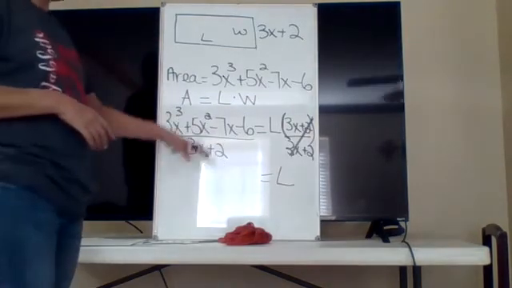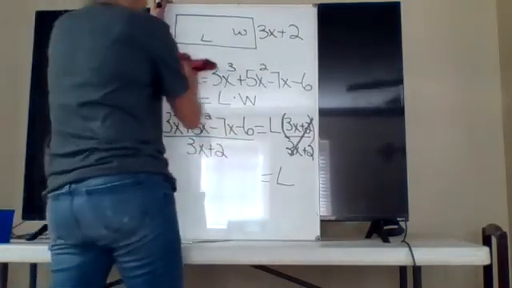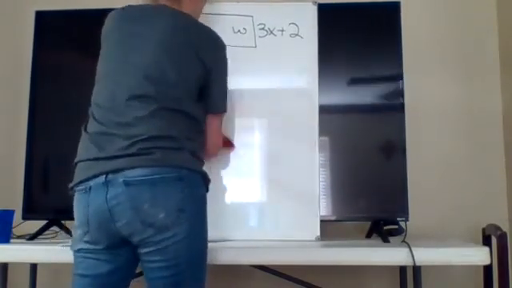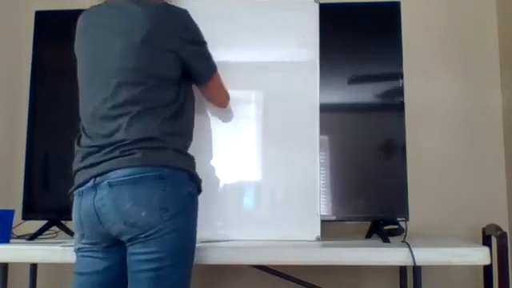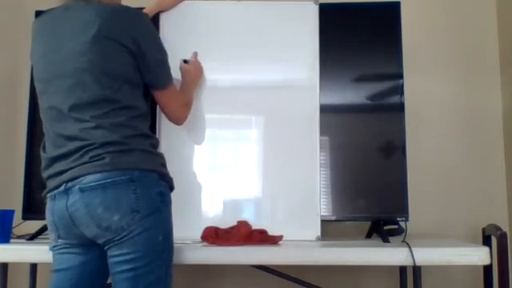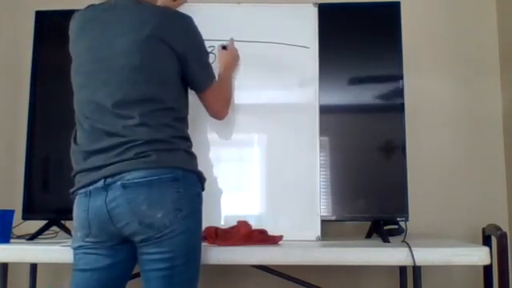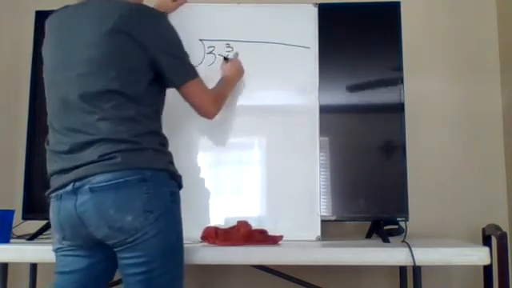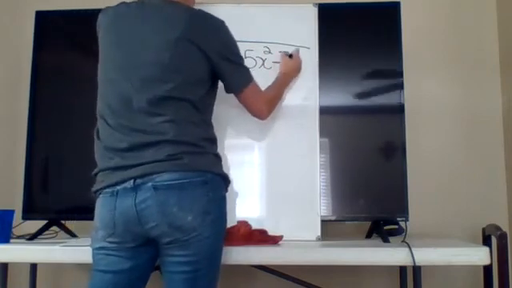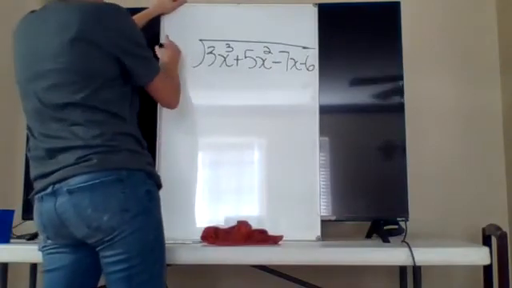So I'm going to erase this and write that out. I had 3x to the 3rd plus 5x squared minus 7x minus 6, and I'm going to divide that by 3x plus 2.